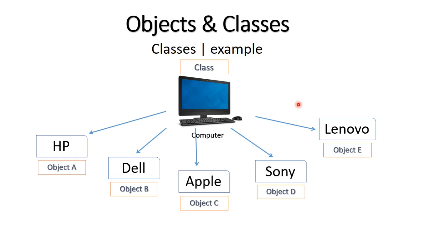And all these objects are put up in a class that is computer, right? All these companies make computers. So all these companies are entities, they are separate objects. And when they are combined together, they are called a class. I hope you have understood this.